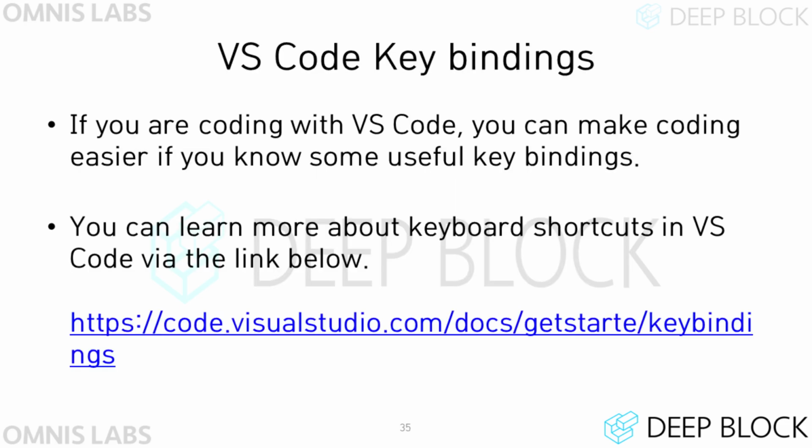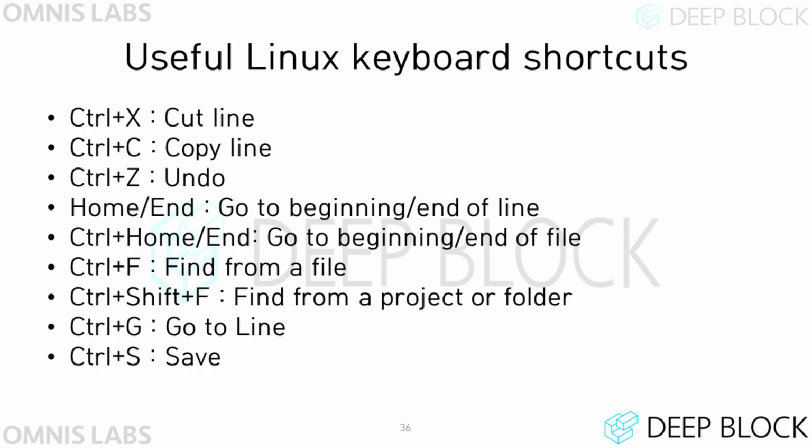Before we move on to the exercise, I want to give you some additional knowledge that will help your coding. VS Code provides various shortcuts to make coding easier. You can learn how to use these shortcuts at the link below. Let's take a look at keyboard shortcuts that can be useful when using VS Code in Linux.